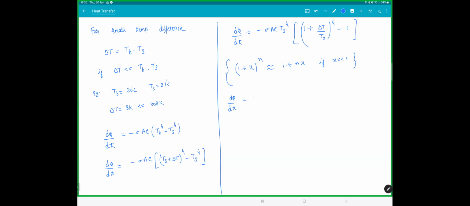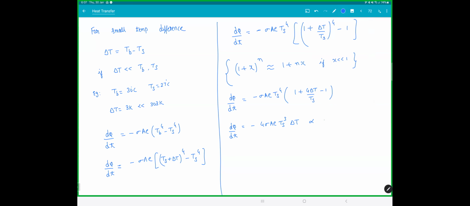This will be dQ by dt is minus sigma A E T_S^4 times (1 + 4 delta T by T_S minus 1). The 1 cancels off, one T_S will go off. You end up with dQ by dt is minus 4 sigma A E T_S cube delta T. So what you get is the amount of heat a body loses will depend on, proportional to the temperature.